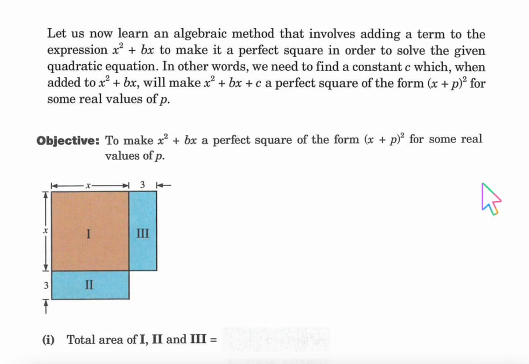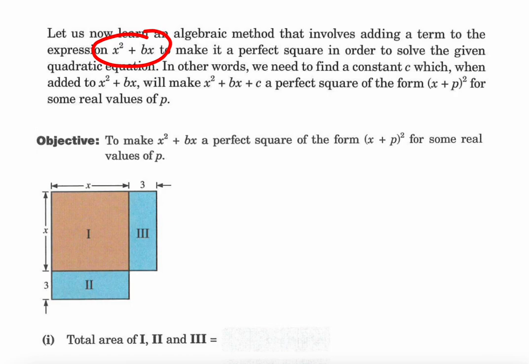Okay, so what does this have to do with your quadratic equation, right? Well, sometimes you're going to have a problem given to you in this format where you have x squared plus bx. You don't have the c part.